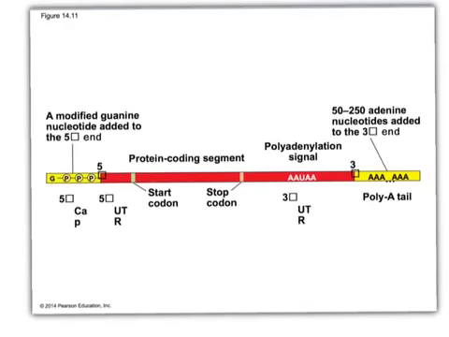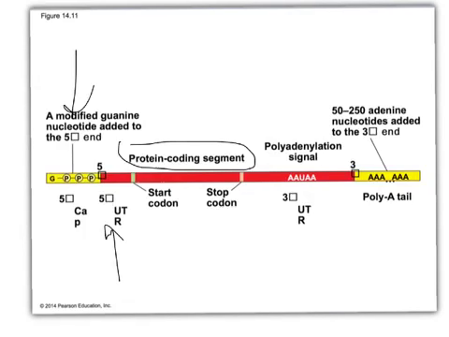Here's your pre-spliced transcript. It has the 5' methyl cap, the modified guanine nucleotide. Here's your protein coding segment, and part of it is a UTR, which means untranslated region.